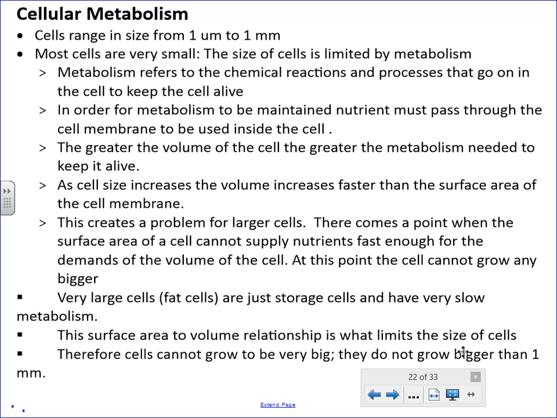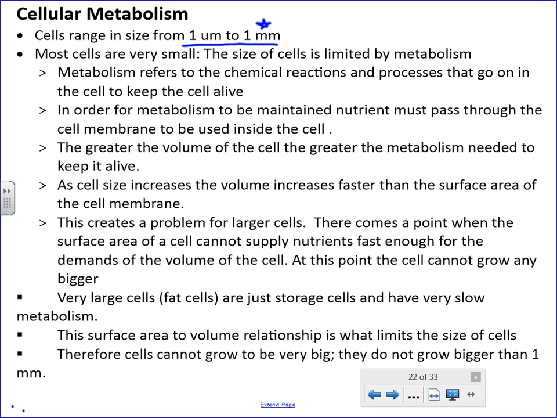Now most cells range in size from a micrometer to a millimeter. And a millimeter is really, really big for a cell. Most cells are not that big. If you think about the cells that you observed in the lab, for example, on high power, most of you could see in the neighborhood of like 100 cells in your field of view.